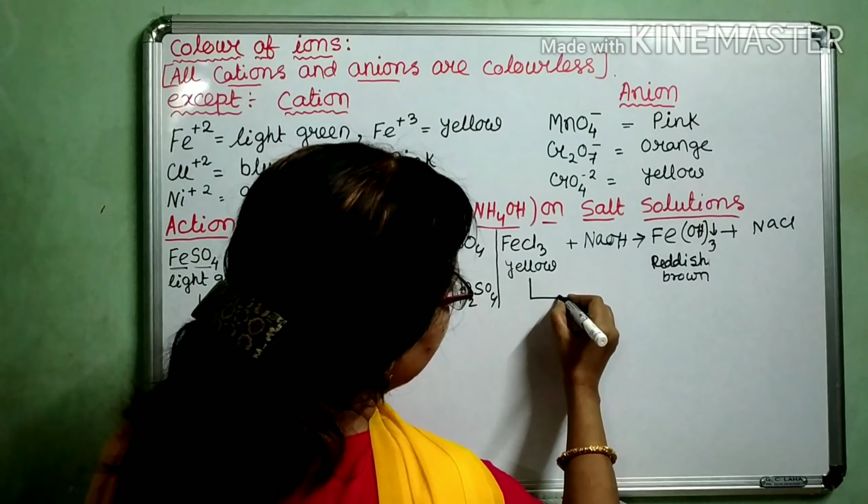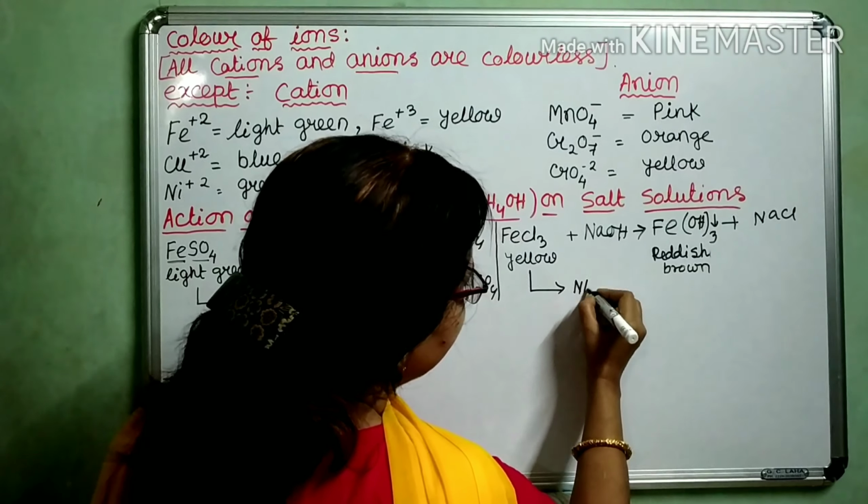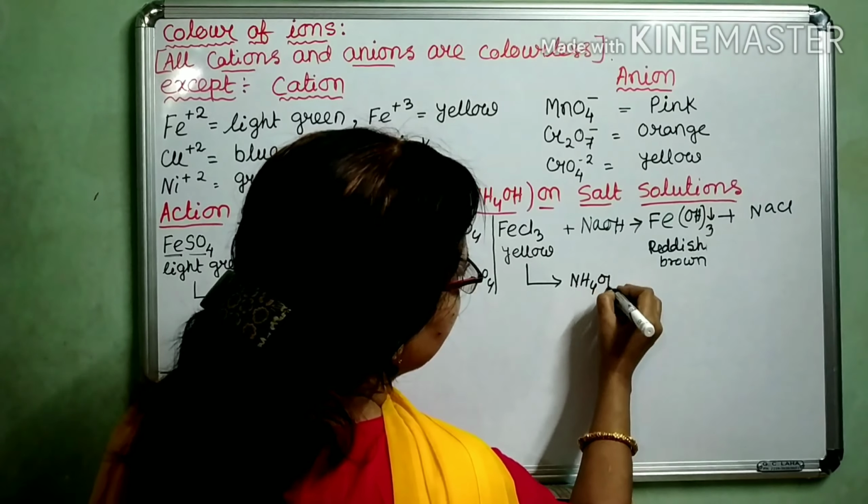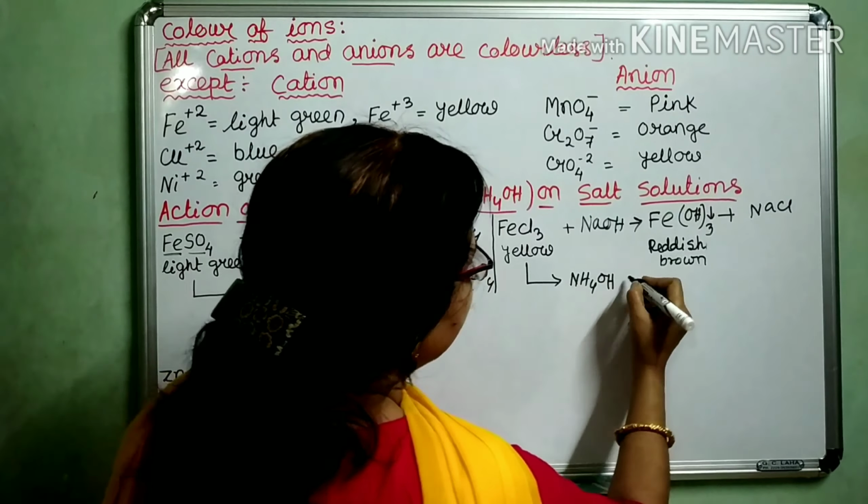When NH4OH is added, same as before, FeOH whole 3 is formed, which color is reddish brown, plus NH4Cl is formed. And in this case, an insoluble precipitate is formed.